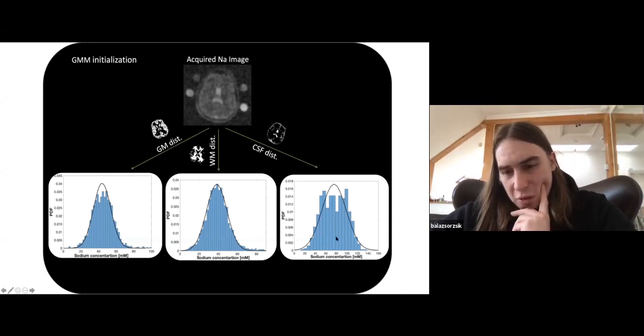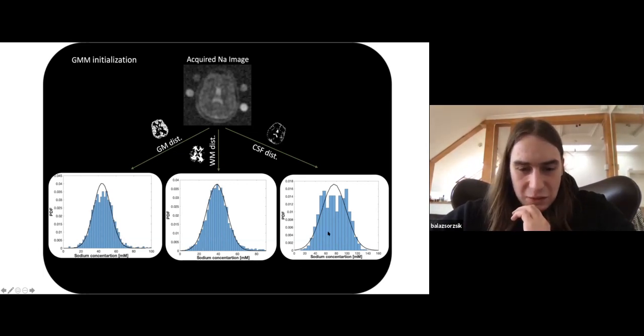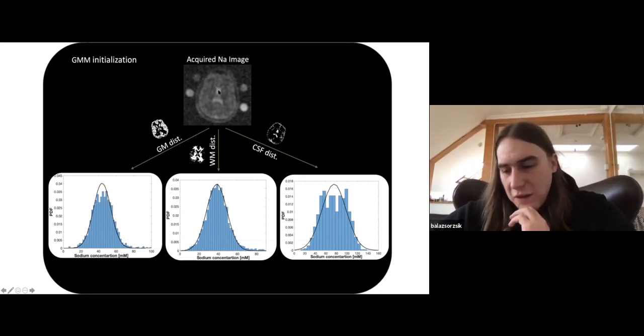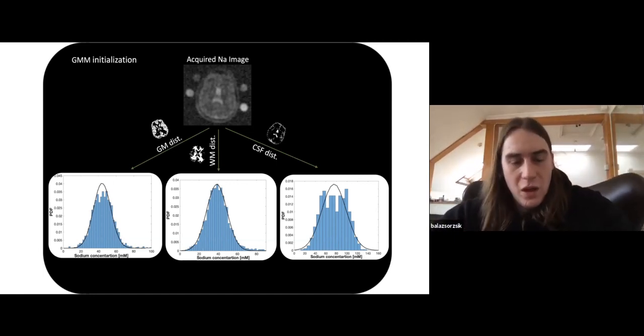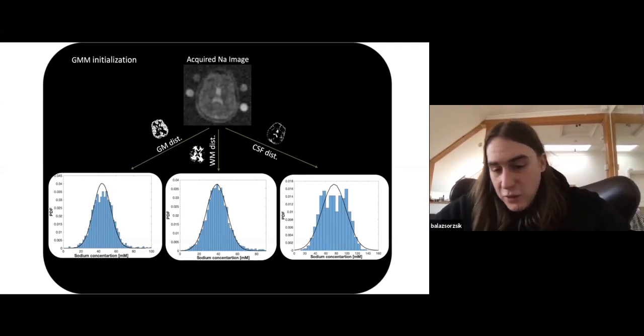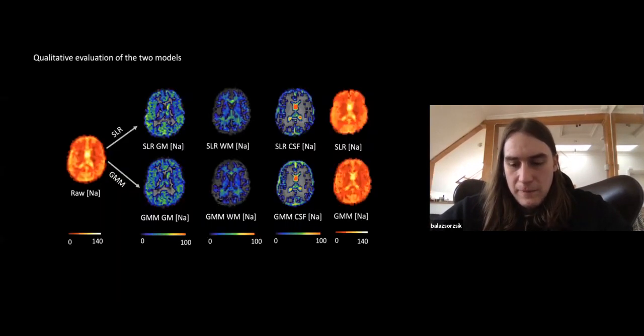And this has been reported before, that in sodium imaging, the values that you get out from the sulci follow a different distribution than the values within the ventricles. So in the future, to improve the model, we could model CSF as two compartments, and hopefully we can get better results in this tissue.